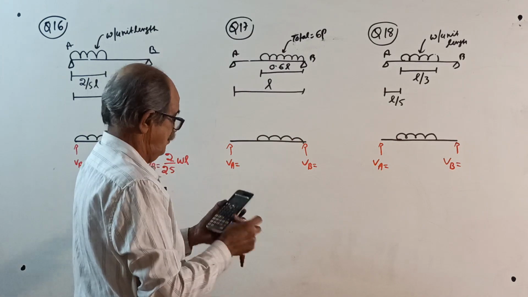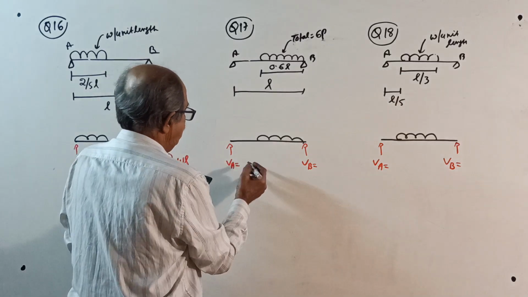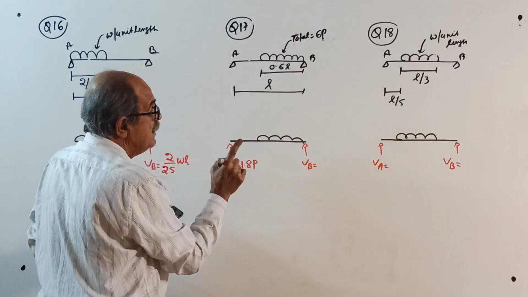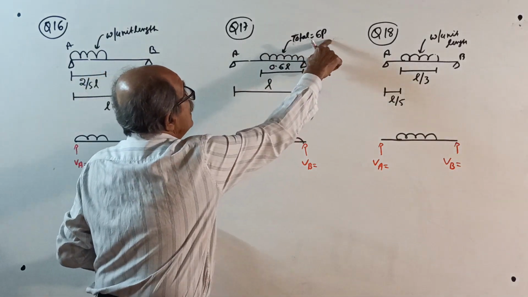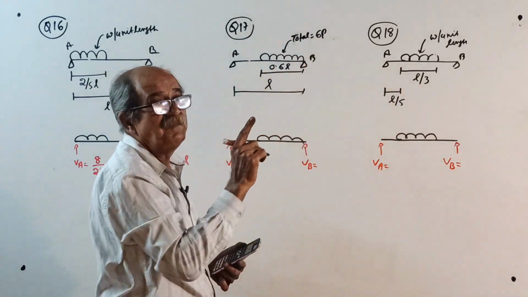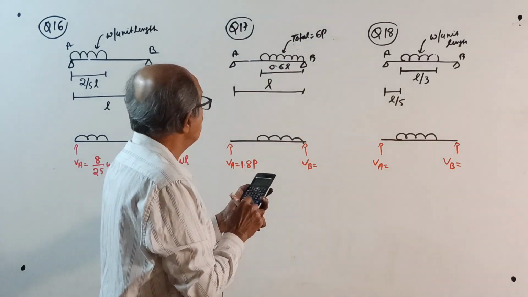6 into 0.3. 6 into 0.3 is 1.8. This is 1.8 P. By PL is not there because 6P is the total load. Intensity will become 6P by 0.6L. Be careful. Total load given 1.8 P minus 6.